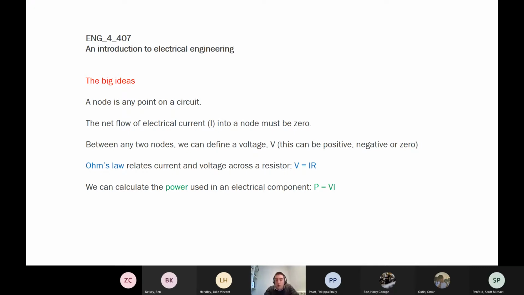And already we're talking about a flow here. So that is one way that some people find it helpful to think about electrical engineering, like a hydraulic system with water flowing around it and driving certain parts of the system.